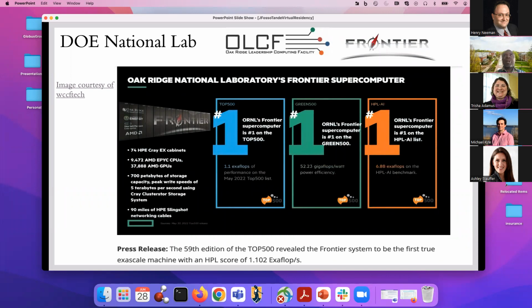The 59th edition of the Top500 revealed the Frontier system to be the first true exascale machine, with an HPL score of 1.102 exaflops per second. For a very long time we've been talking about exascale computing, and through Frontier you have a truly exaflop machine.